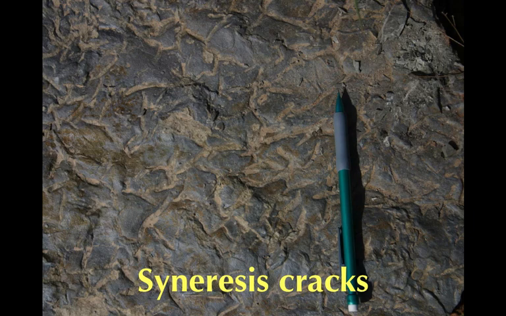Syneresis cracks are mud cracks that form underwater when the chemistry of the water draws water directly out of mud. And this typically happens in waters, seawater that's excessively salty, for example. They're different from desiccation cracks in that they don't form regular polygons, and they often have a preferred orientation.